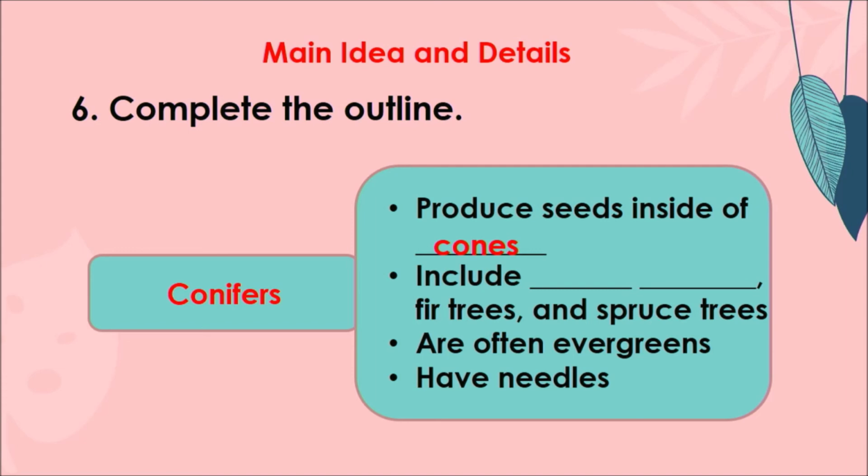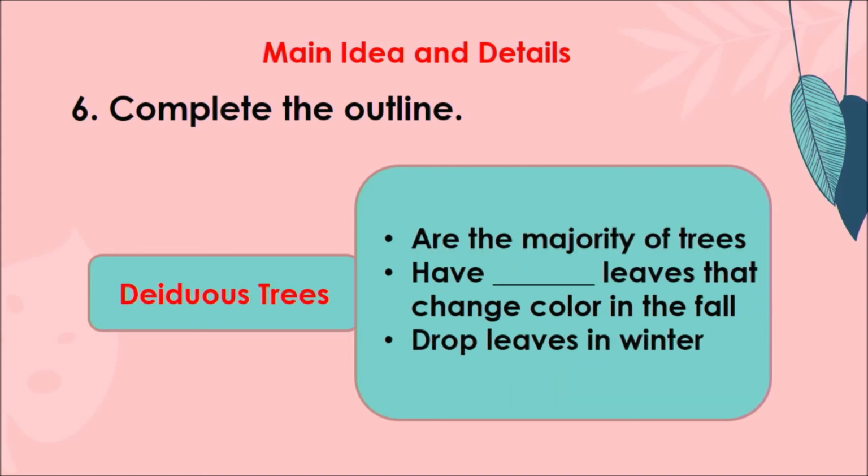And then the second, include pine trees. And then for the last one, we have deciduous trees. These are the majority of trees, have blank leaves that change color in the fall, drop leaves in winter. What will be the answer in the second part? Have broad leaves that change color in the fall.